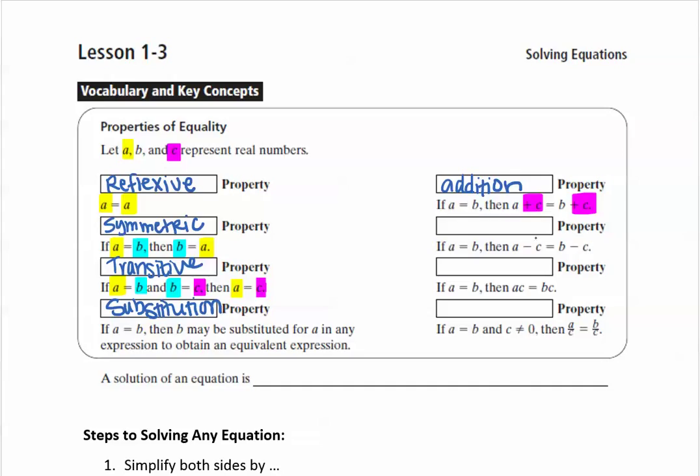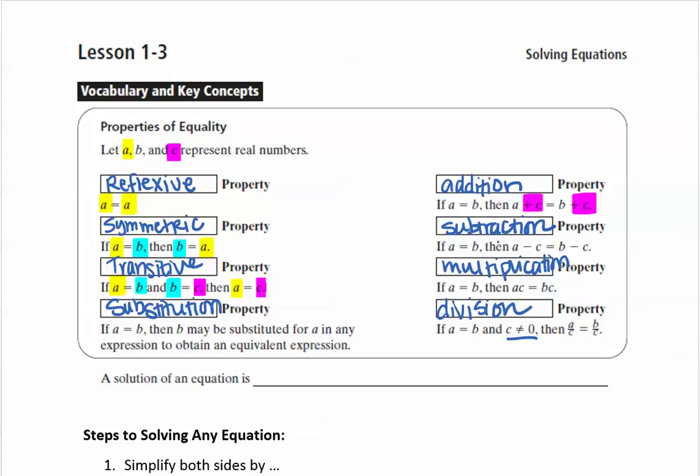And then we're just going to go down the line. We're subtracting C from both sides. That's the subtraction property of equality. We're multiplying C to both sides. That's the multiplication property of equality. And if we divide by C to both sides, assuming that C is not 0, since we cannot divide by 0, then we are doing the division property of equality.